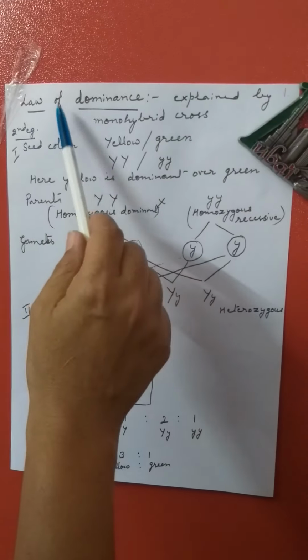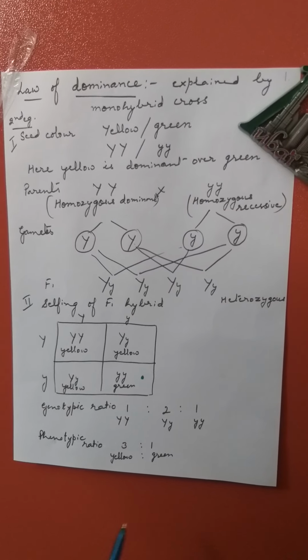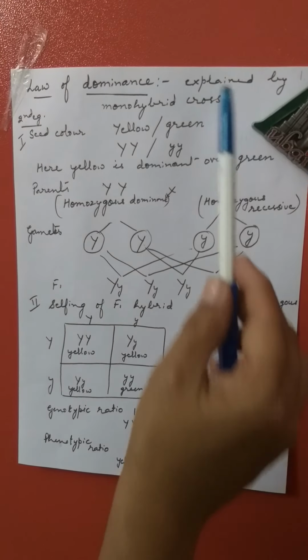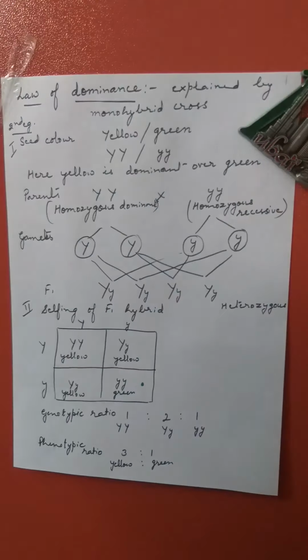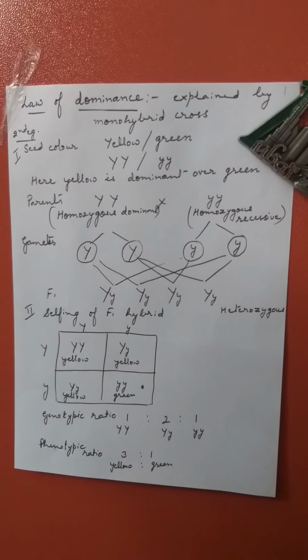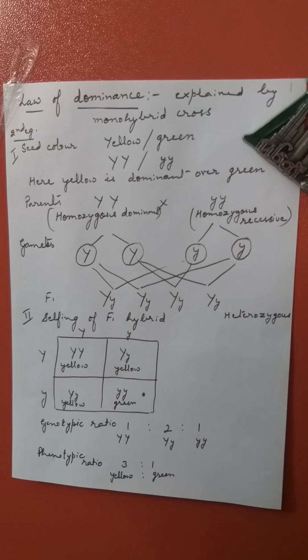Again, I am explaining the law of dominance, and here we will be covering the terms which I have dealt with right now. Law of dominance is explained by a monohybrid cross, which means when we take one character at a time. Yesterday we took the character of height.